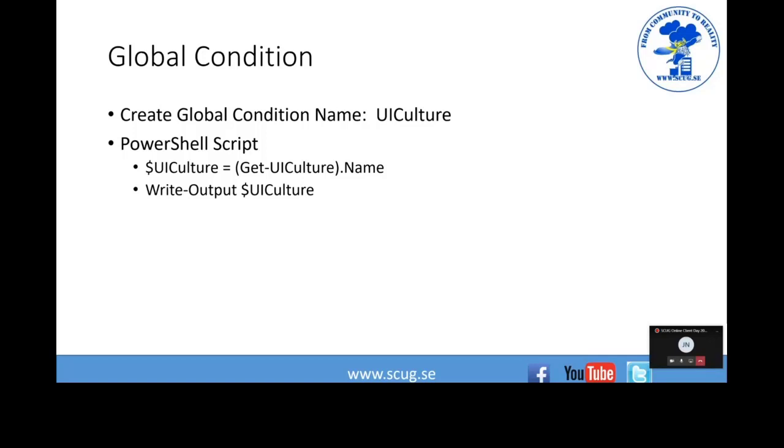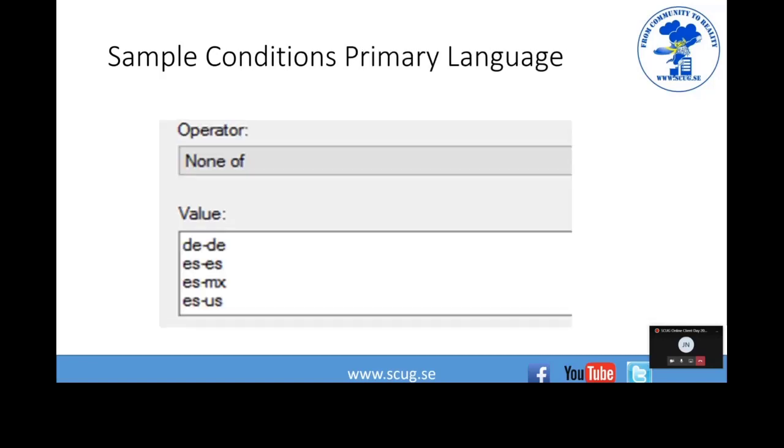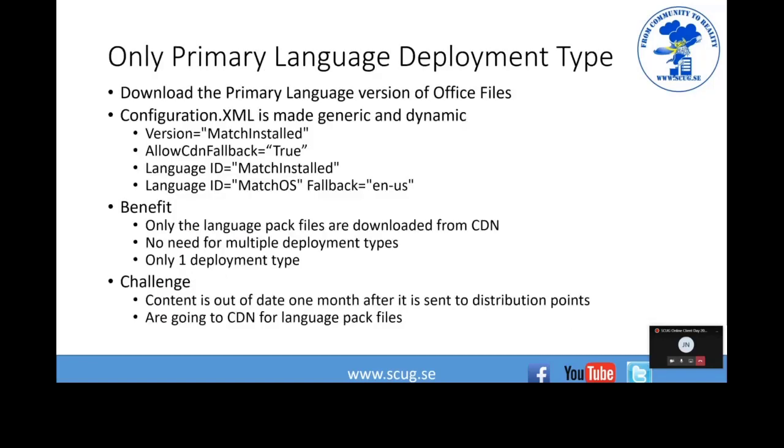But because we have allow CDN fallback enabled, it's going to download the Spanish version from the internet, and you'll get both English and Spanish installed on the computer. These are just samples in case I couldn't zoom correctly of what was included on the requirements.